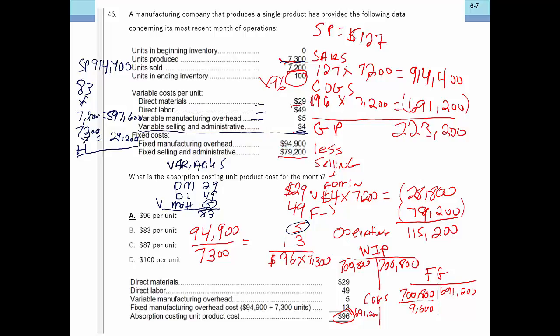113,500. Okay, good. So that gives me a difference here. What did I get for my... oh, I forgot to keep going.